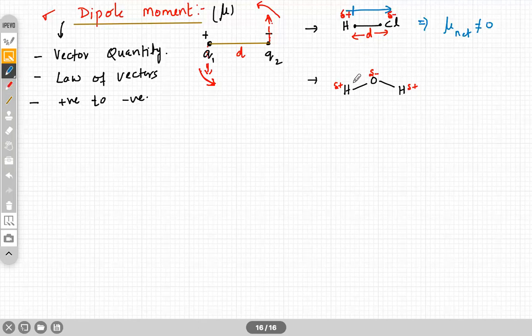Because of this charge separation, we have a dipole moment in this direction, positive to negative, and we have a dipole moment because of the other bond in this direction, positive to negative. These two dipole moments are vector quantities, so we'll have a net dipole moment in this direction, mu net. H2O also has a net dipole moment not equal to 0. Did you understand it?